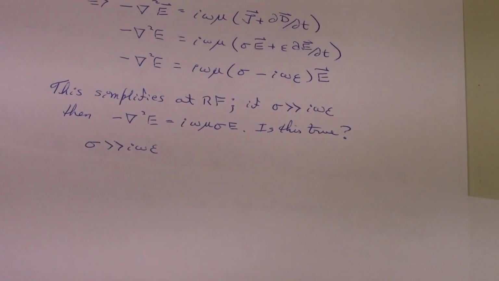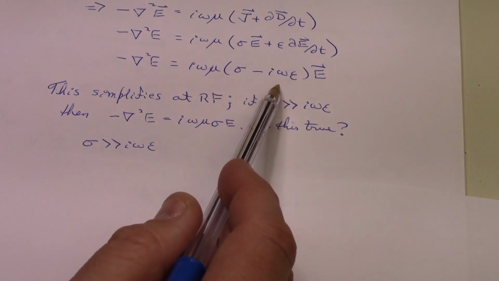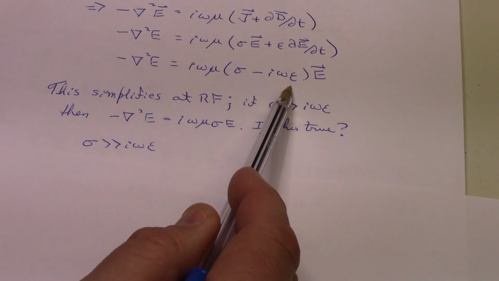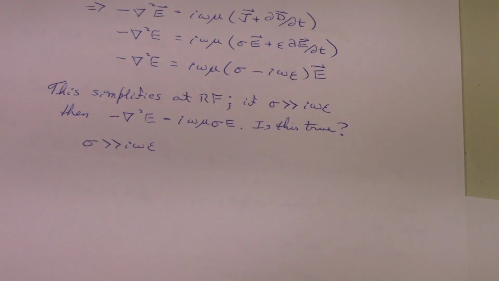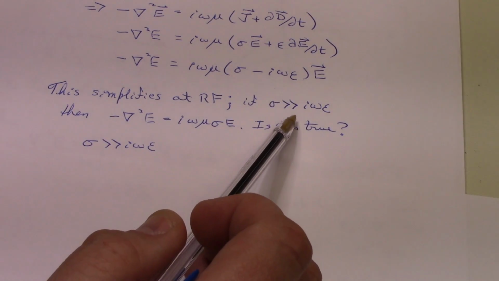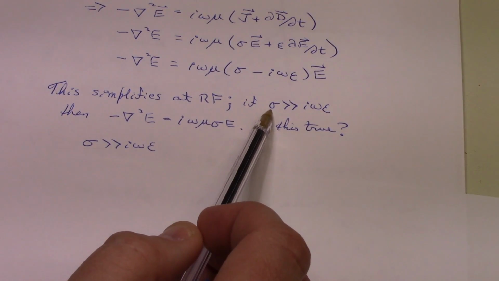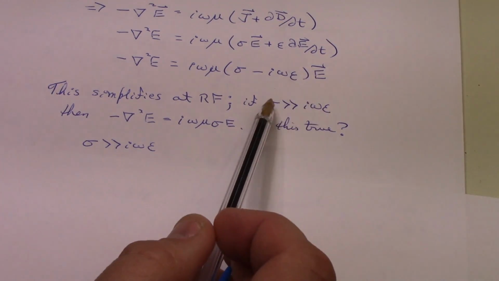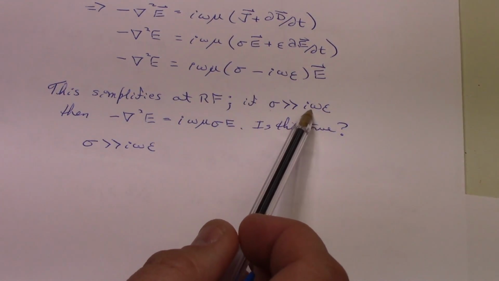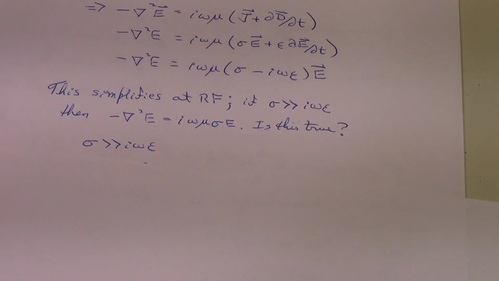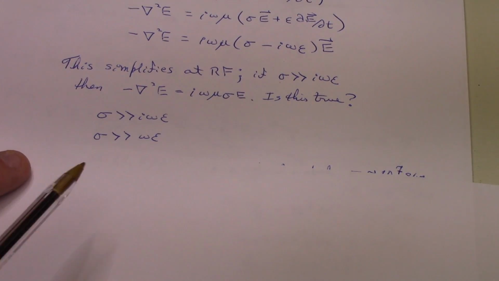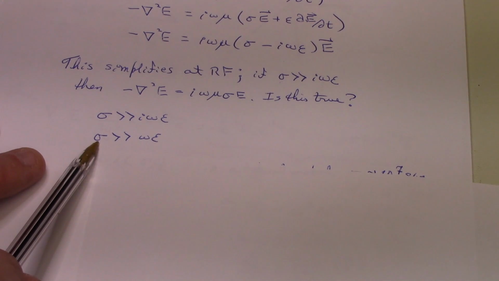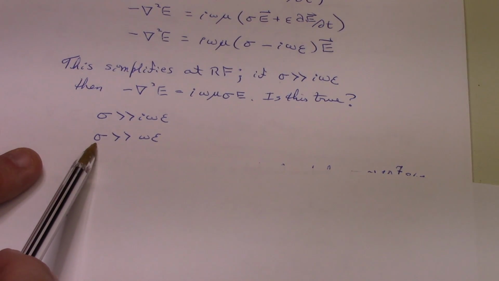Now, at RF frequencies, it turns out that we can neglect this term in these parentheses, and you can see that by checking it. If we can neglect this term, that would mean that sigma is much, much greater than i omega epsilon, which is really the same thing as taking the absolute value of each side.